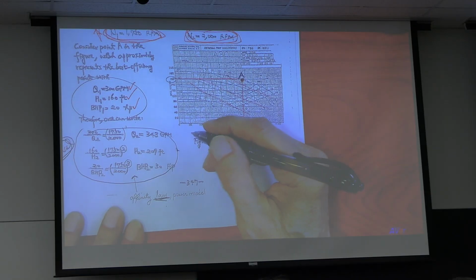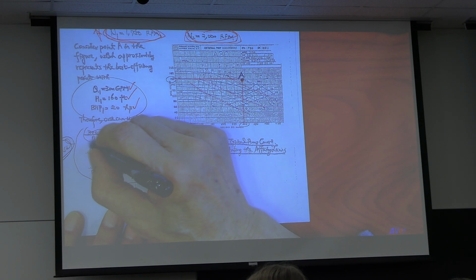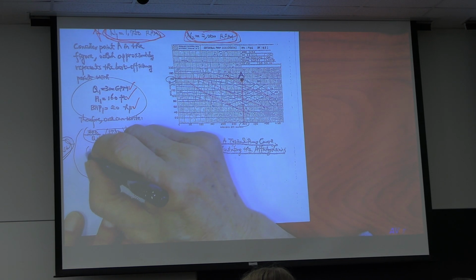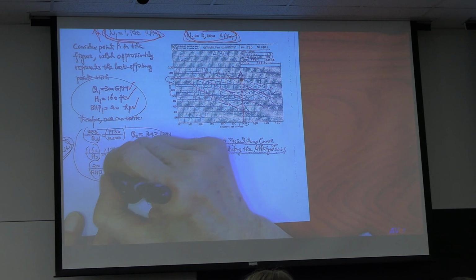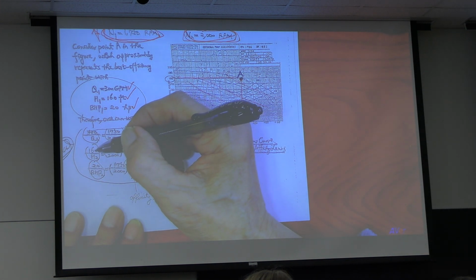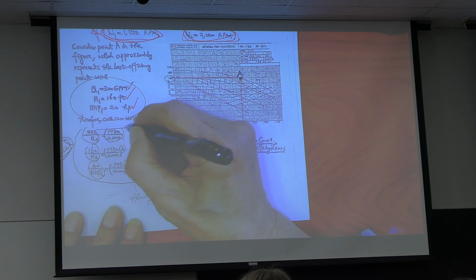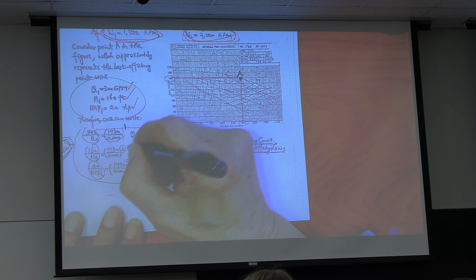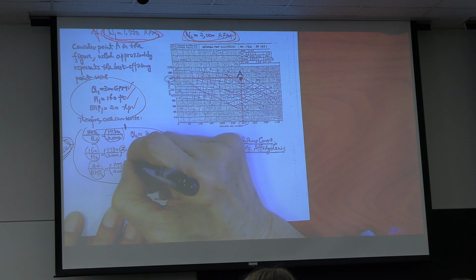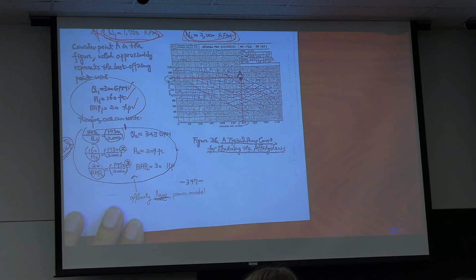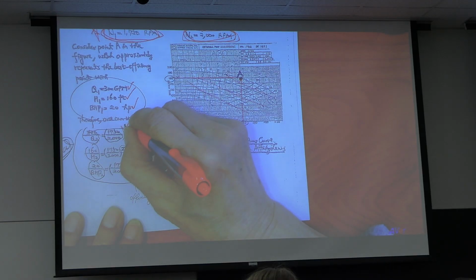You see here, pumping rate ratio, head ratio, brake horsepower ratio is proportional to impeller speed, linearly, square, third power. This is good.